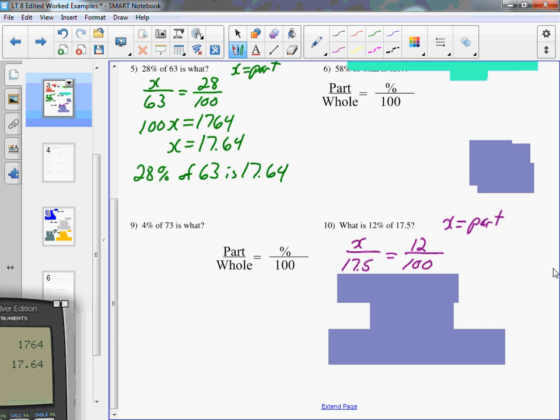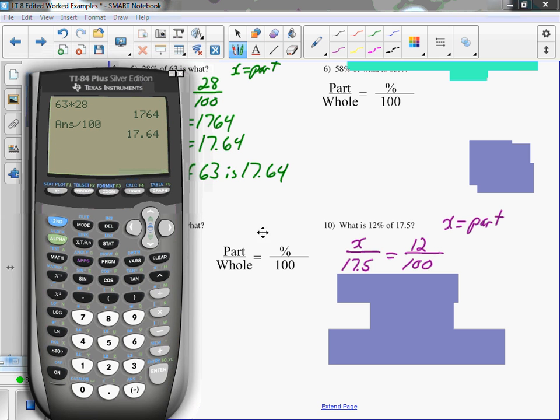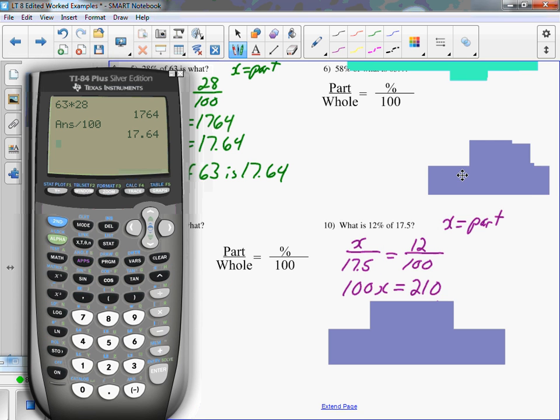So the part, X, to the whole, 17.5, equals the percent, 12 to 100. Once you have that proportion, go ahead and work it and see what you get. First, figure out what X equals, and then see if you can write a sentence for your answer.